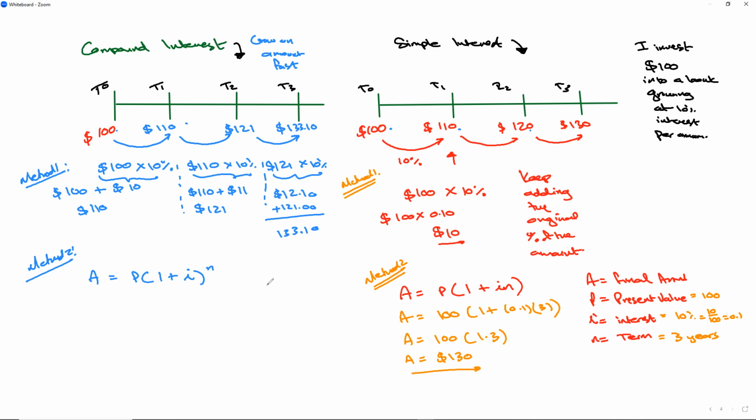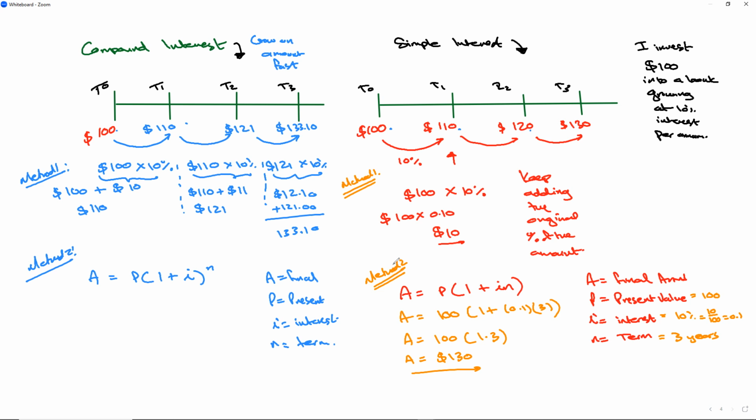Again, A is the final amount. P is my present value. I is my interest charged. And N is my term.